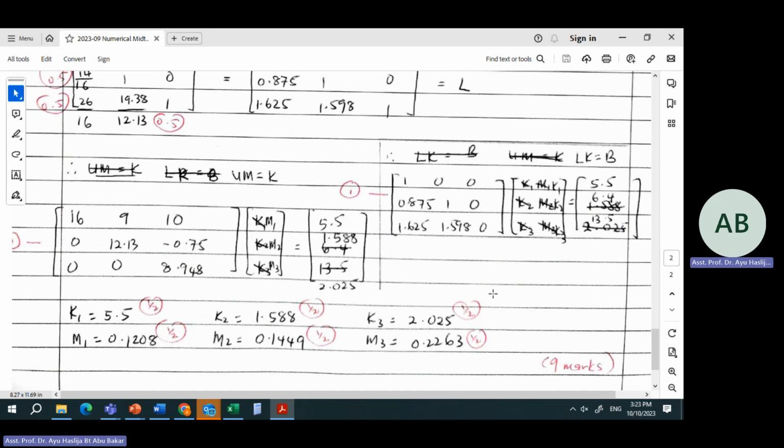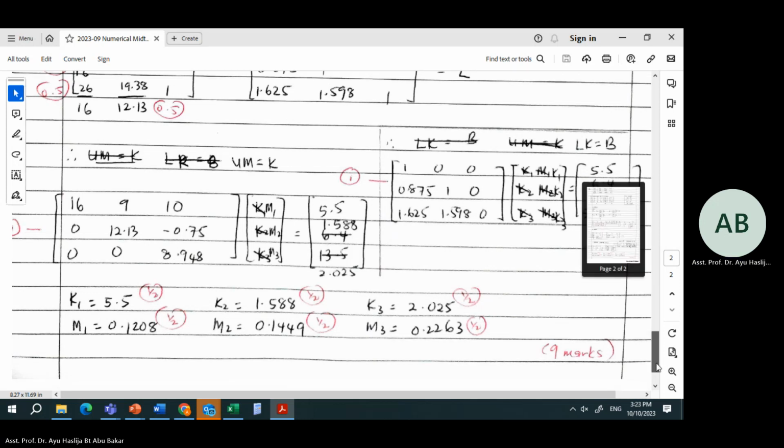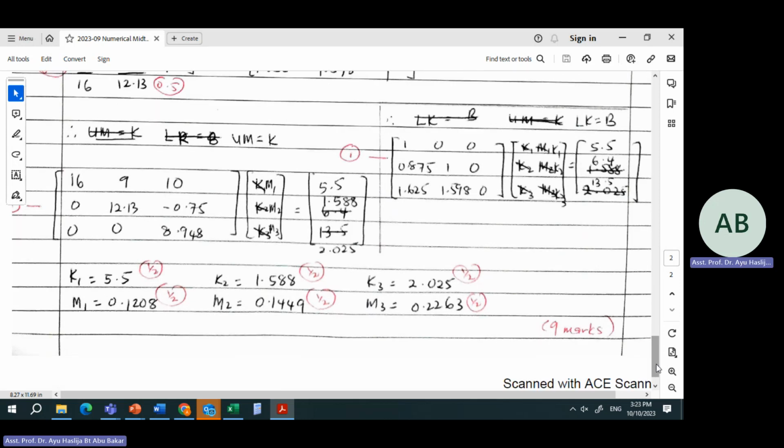UM equals K, you get 1 mark. Then each of the K and M values, you get half marks. There was one student, if I'm not mistaken, who stopped at the K here, so lost a few marks. You should proceed until you get the M final answer. Check your paper whether I calculated wrongly. If there is any correction, let me know so that I can make an amendment on my side.